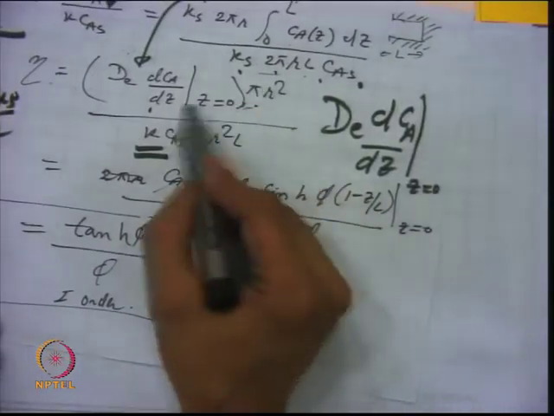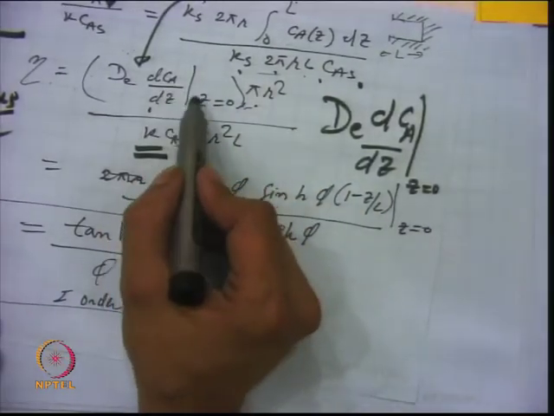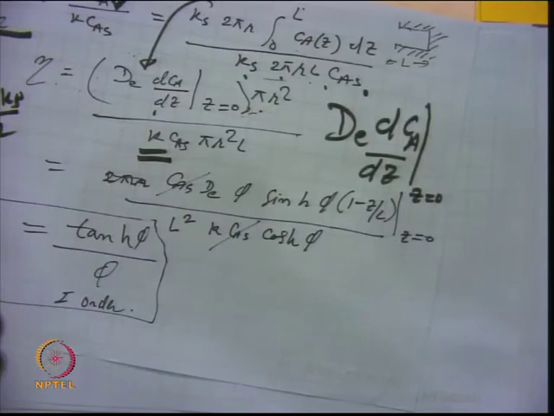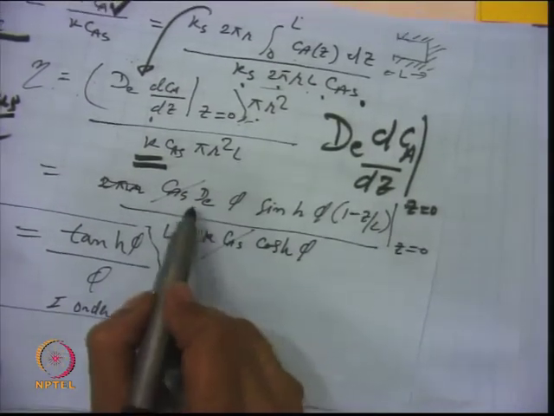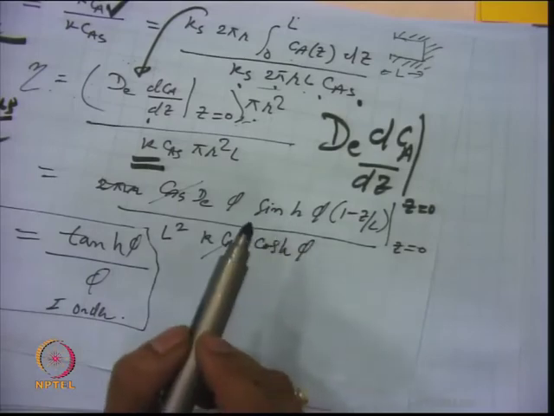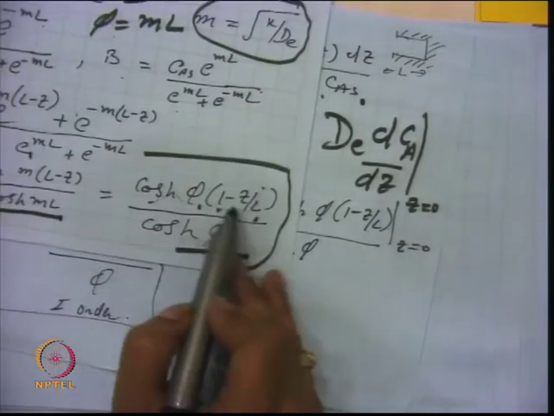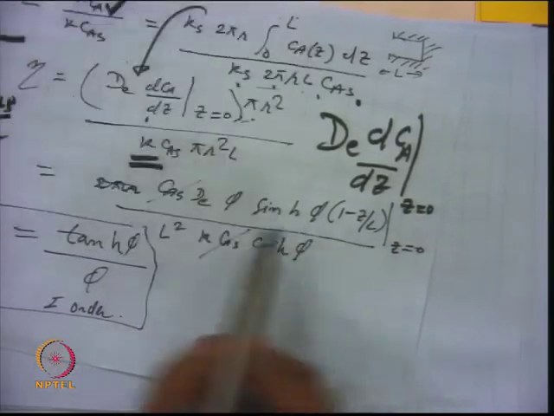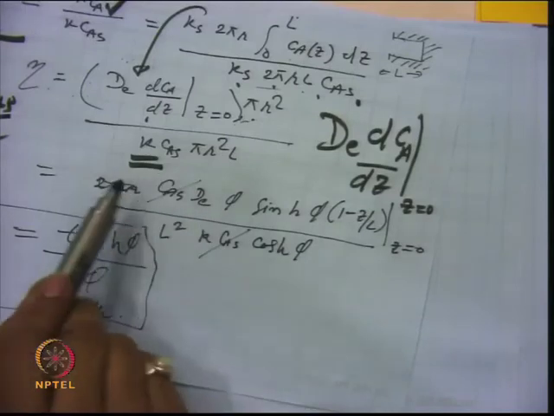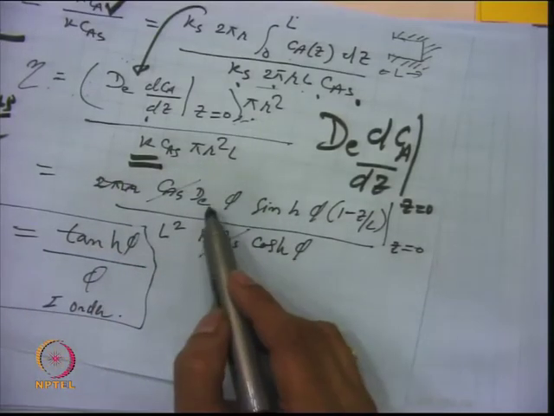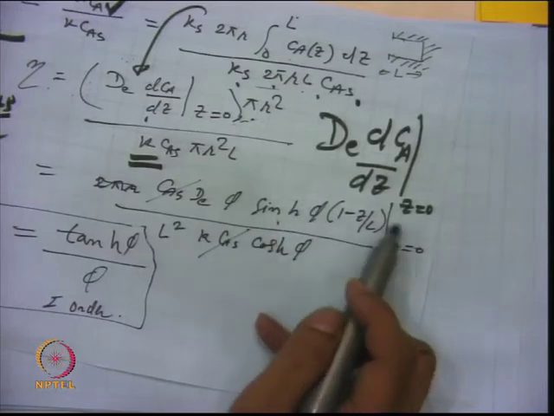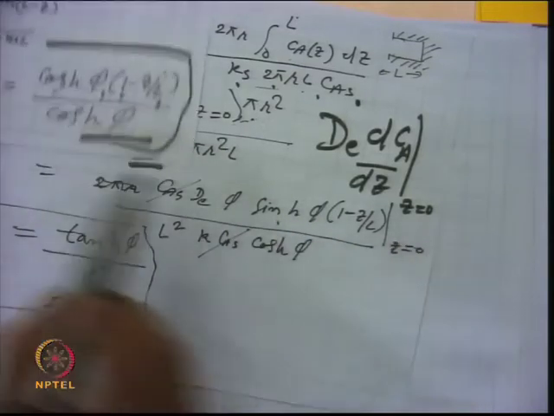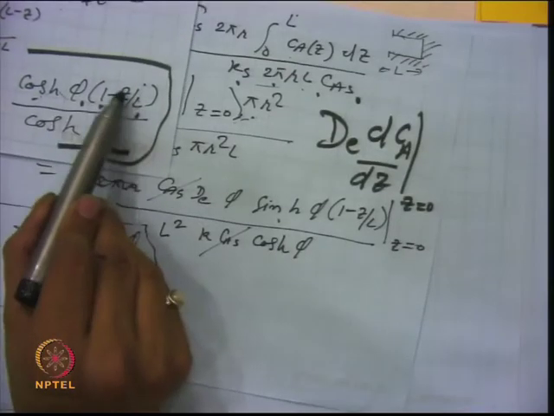So once you differentiate this dCA by dZ, because you already have the expression for Ca, this gives you Cs times the differentiation of cosh phi (1 minus Z by L), which will be phi sinh phi (1 minus Z by L).